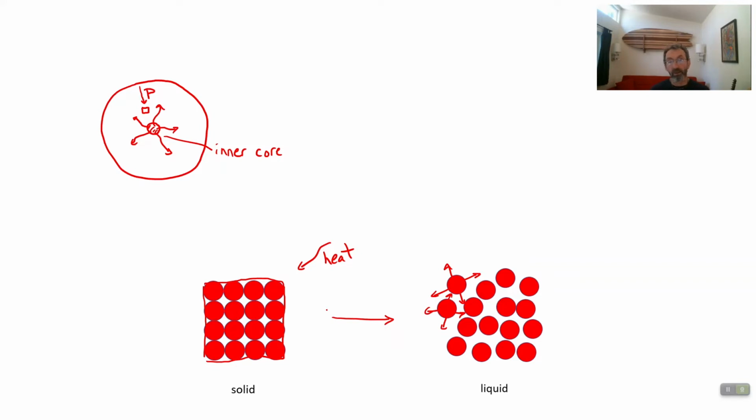So in both of these examples, it's the same amount of material, the same number of molecules, but the liquid, because it needs to move around, takes up a relatively larger volume. And so for most substances, this transition from solid to liquid results in a volume expansion.